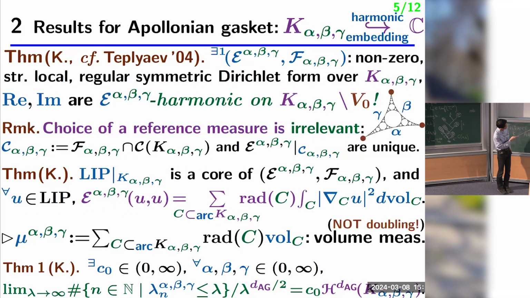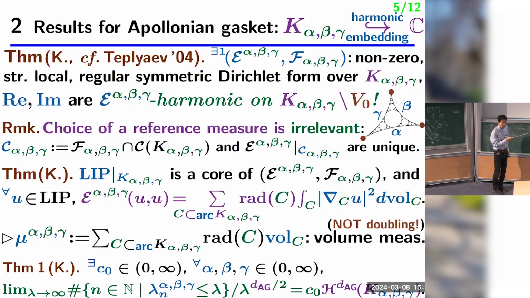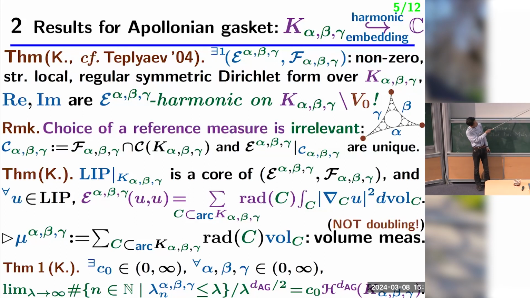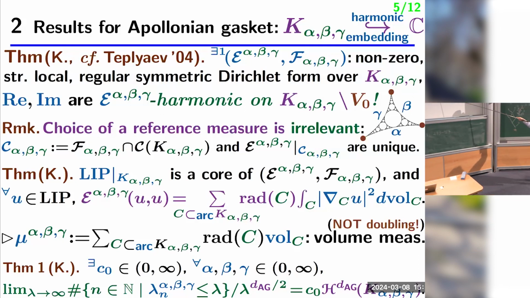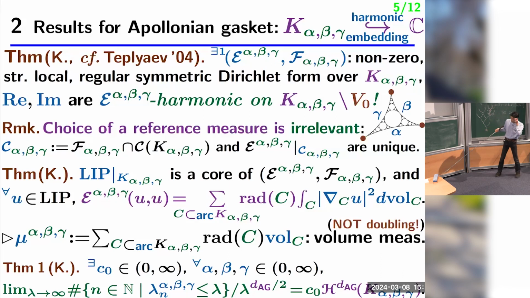It turns out that it grows like lambda to the Hausdorff dimension over 2. In the limit you see some constant independent of alpha, beta, gamma times the value of the Hausdorff measure of the fractal. So the usual Weyl's law for the eigenvalue asymptotics is true in this case.